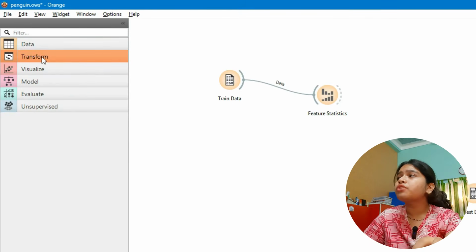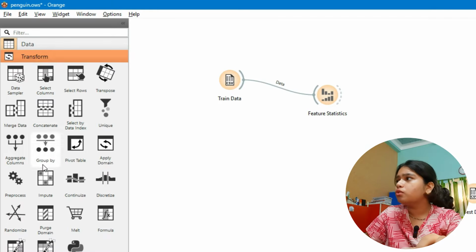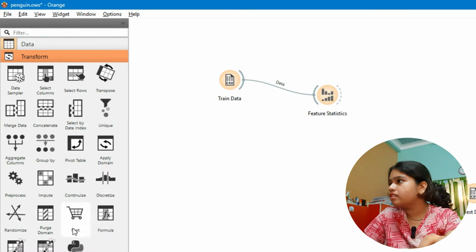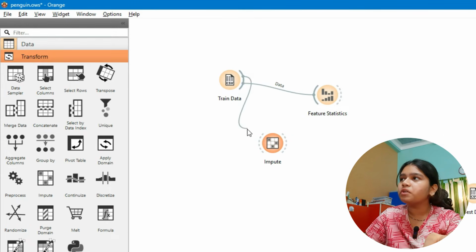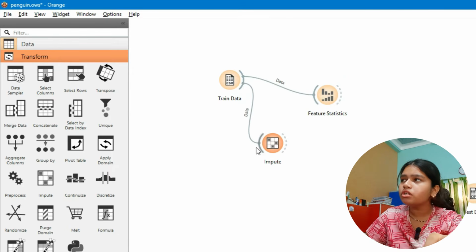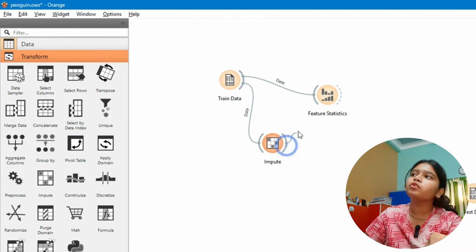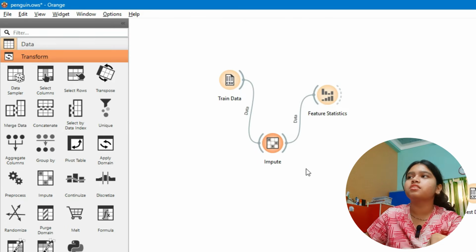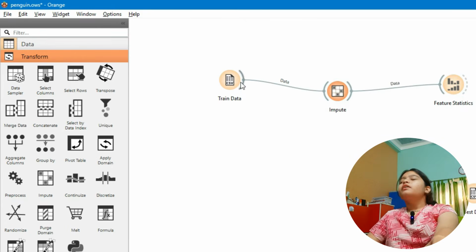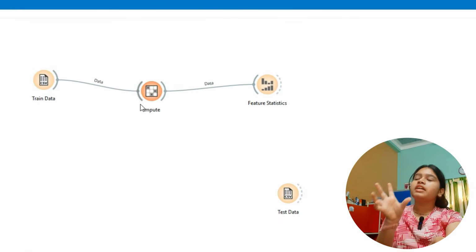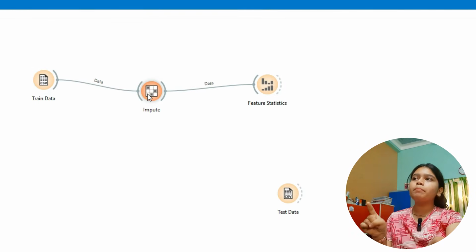in the transform section, you will have impute. Where is impute? Yes, here is impute. Drag this impute button. Now train data's output will be connected to the input of impute, and impute's output will be connected to feature statistics input. Now whatever data you are getting from the training data will be imputed.